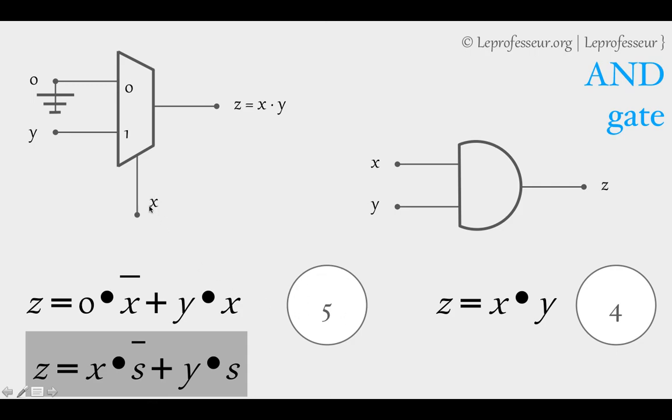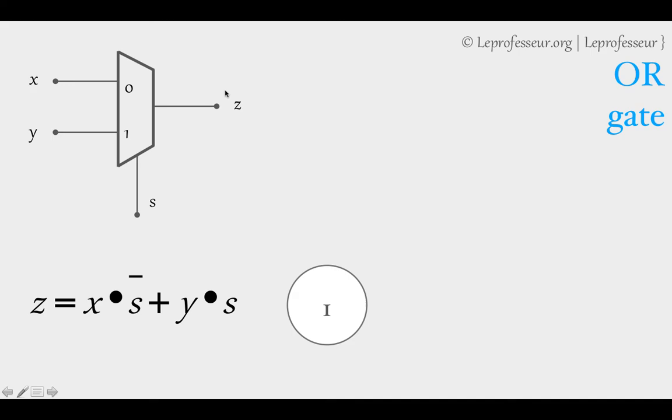You have connected the select input of the multiplexer with the input x, and whatever was coming on the 0 line, or first input, you have connected to VSS, or ground, or logic 0. The other input is unchanged, and you achieve the desired function of the AND gate. Very simple.